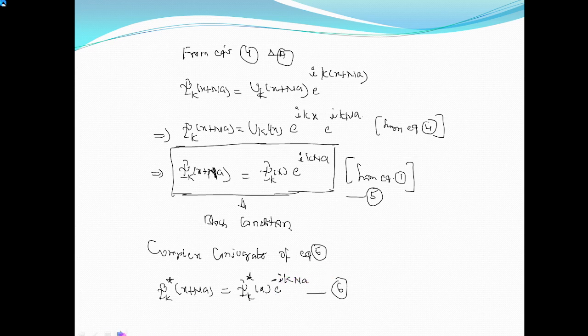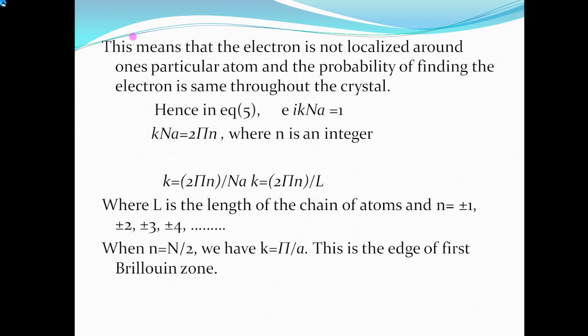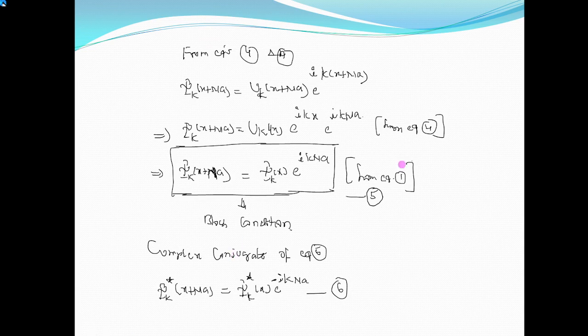Now how to get the probability? Psi psi star gives the probability. So if I multiply equations 5 and 6, I get psi k(x+Na) into psi k star(x+Na), which is equal to, see here, e power ikNa and e power minus ikNa, so e power 0 is 1.